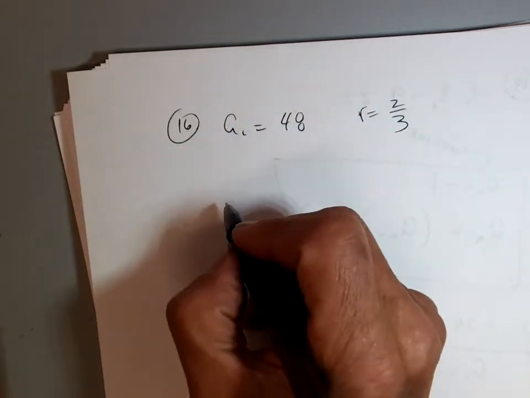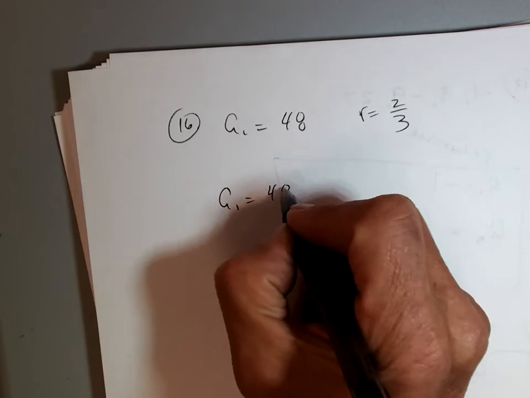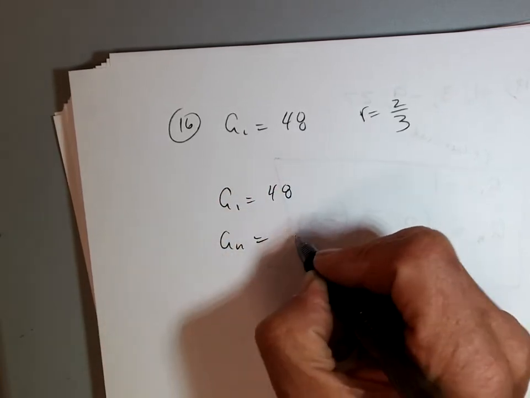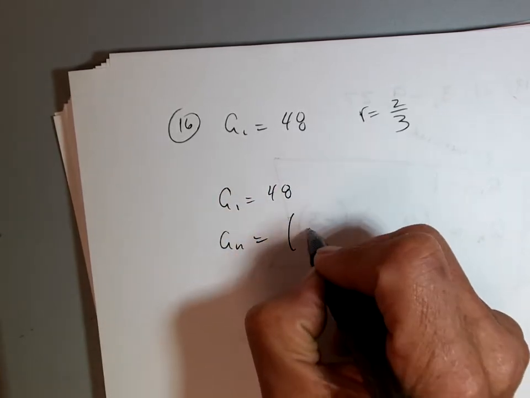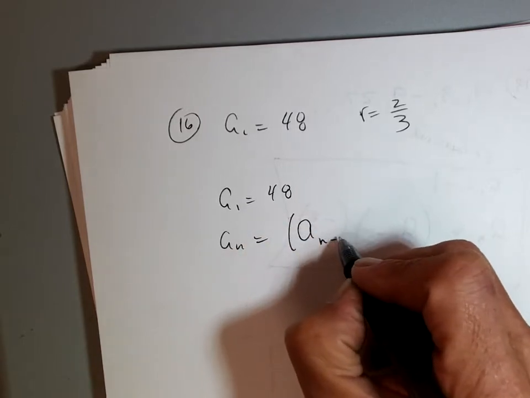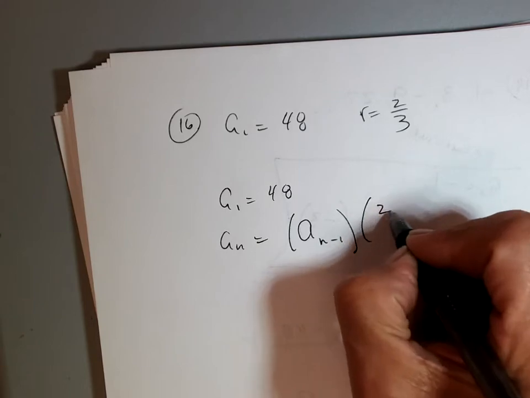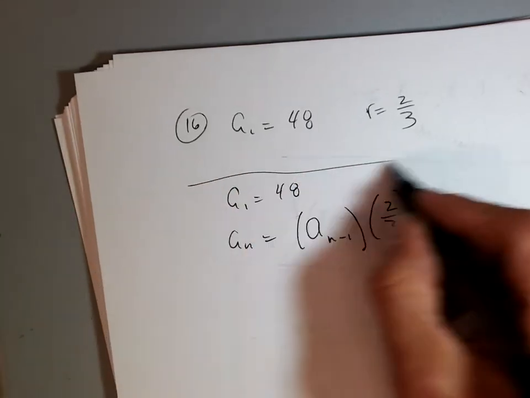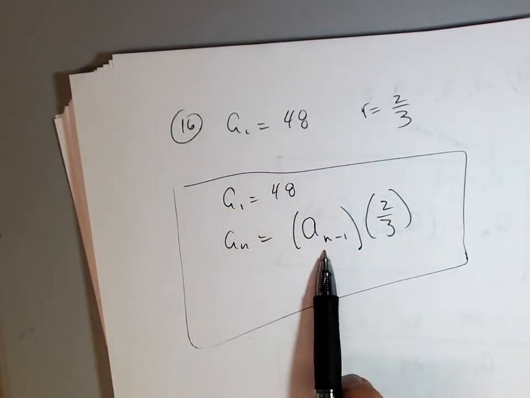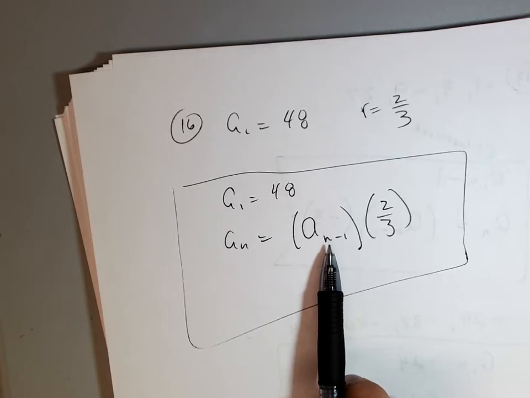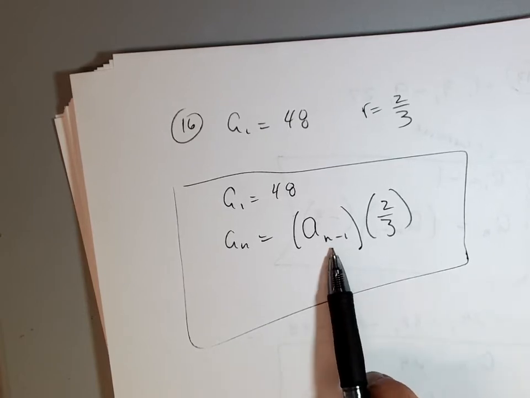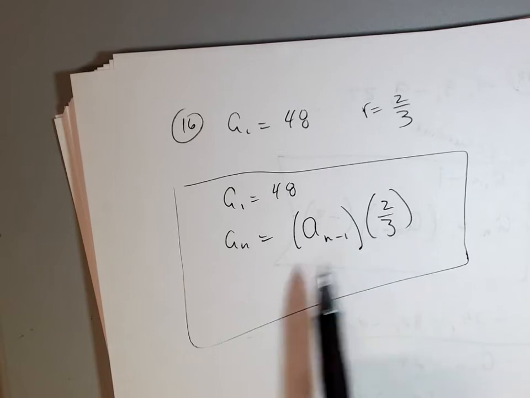So my formula is A1 is 48, A to the n is equal to, take your previous term, A to the n minus 1, and multiply by 2/3. This always means take your previous term, do something to it.